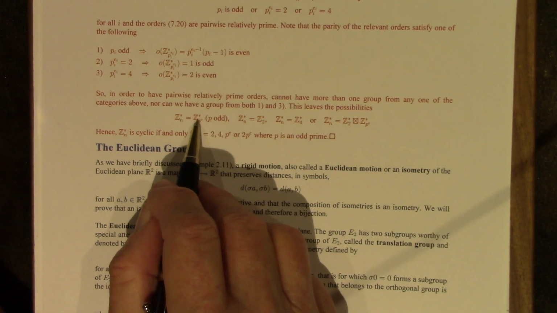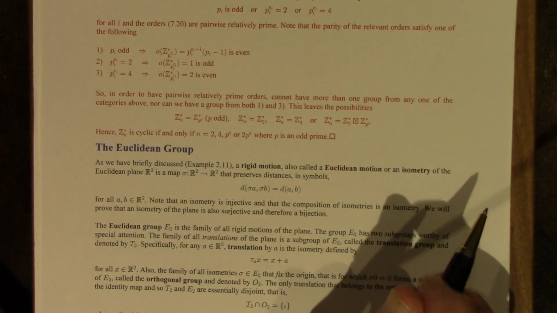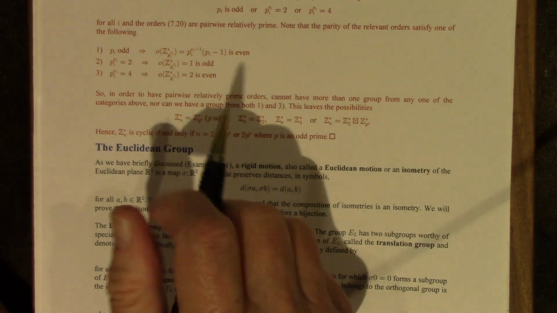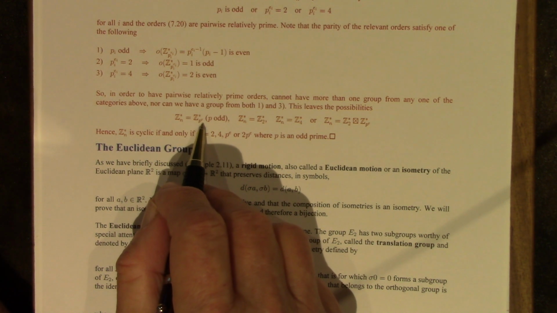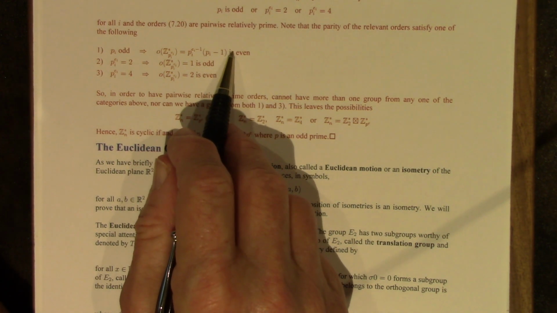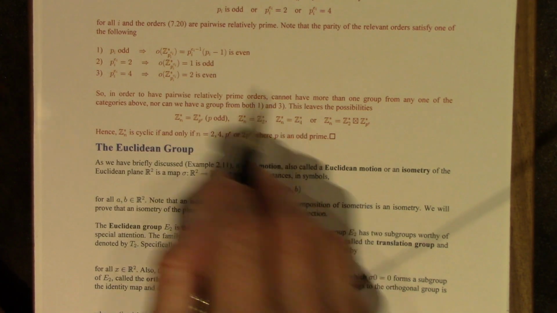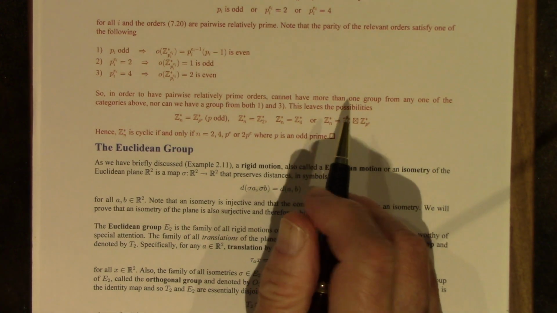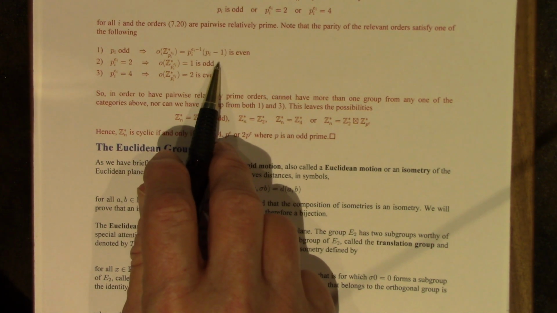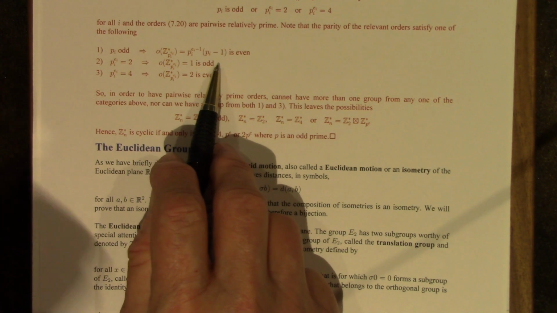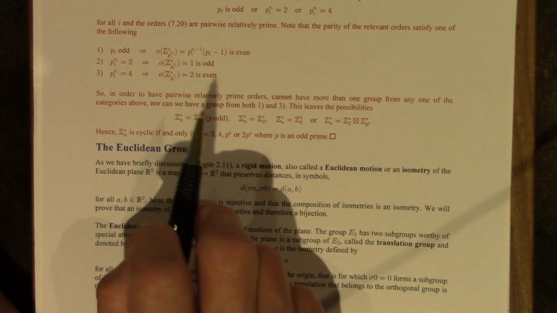Zn star can be Zp to the e star. If you just have one factor in your direct sum decomposition, then Zn star could be Zp to the e star, that would be the first one, or Zn star would be Z2 star, or Zn star would be Z4 star. If you're going to have more than one, it has to be an odd and an even.